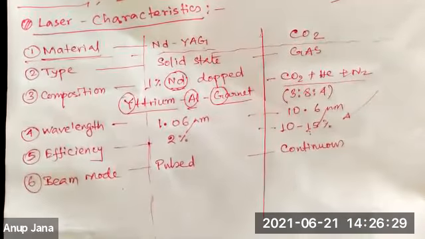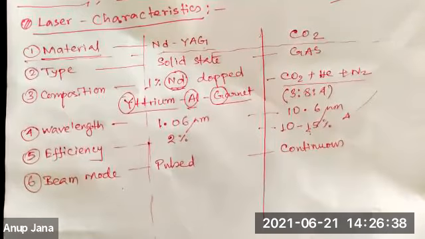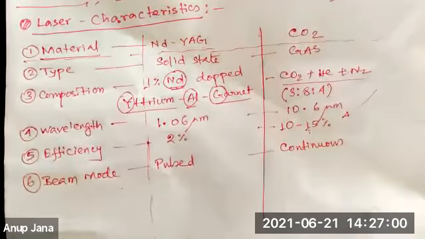What I said is that Nd:YAG lasers are used in pulse mode, and this is generally very important. They can also be used in other modes, but in general they are used in pulse mode, whereas the carbon dioxide laser is used in continuous mode. That means continuous irradiation spot size is generated. Okay, clear?